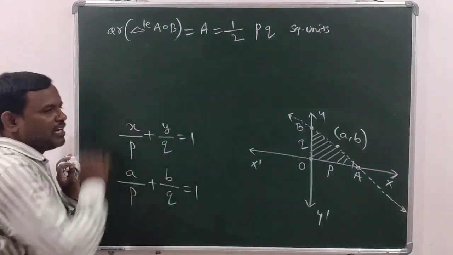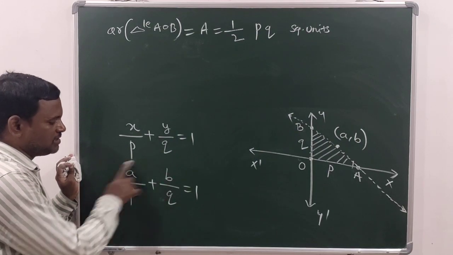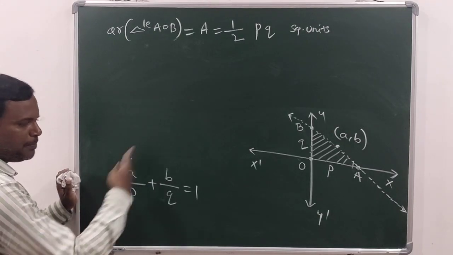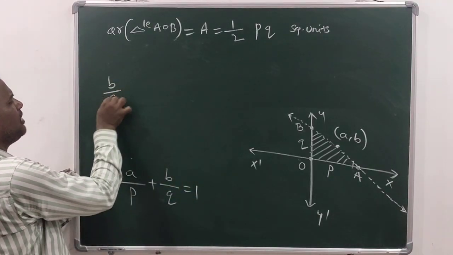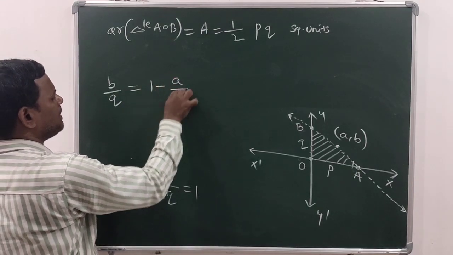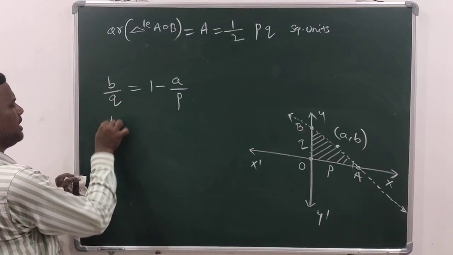Now thereafter, so here make q as subject from this. How do you make q as subject? Transfer this a by p to the right side, so that here you will get b by q, which is equal to 1 minus a by p. Okay, now hereafter, take cross multiplication.